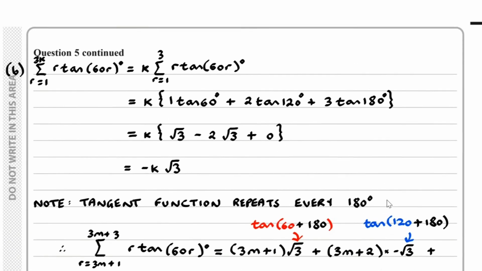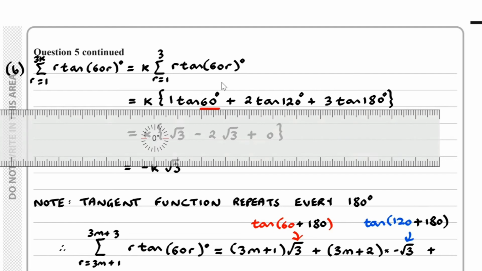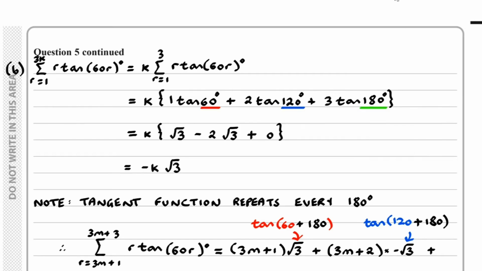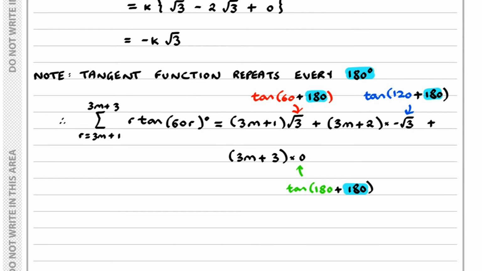So we've got the 60 degrees, we've got the 120 degrees, and we've got the 180 degrees, but we are repeating that every 180, which is why we get the same results. And so because of that, this result here is equal to minus k root 3.